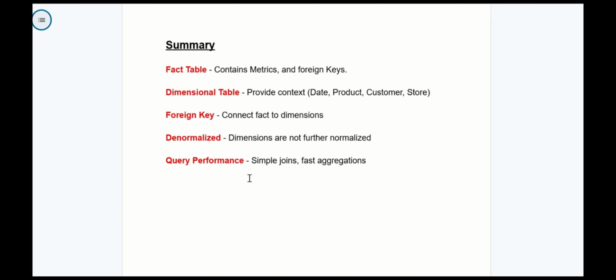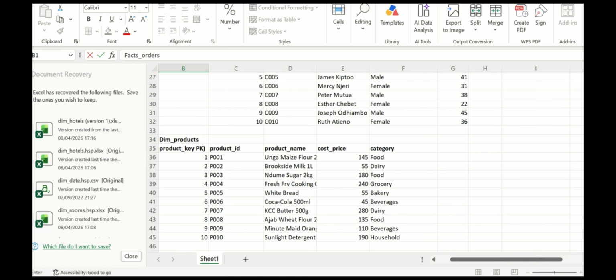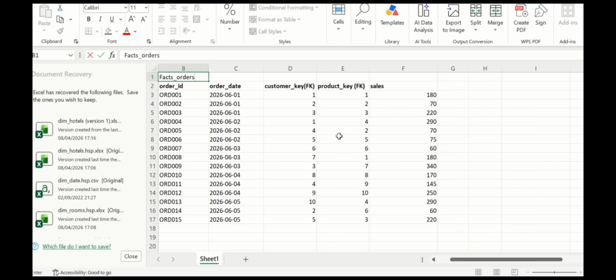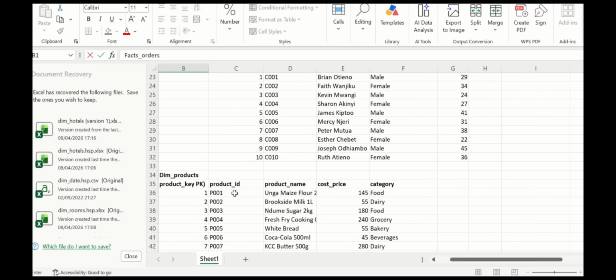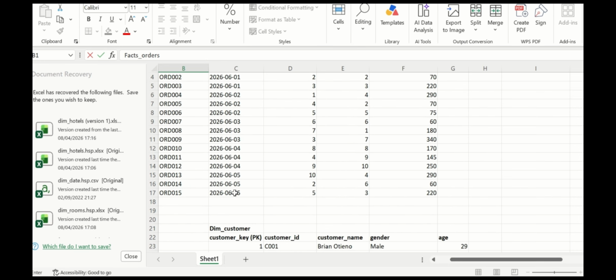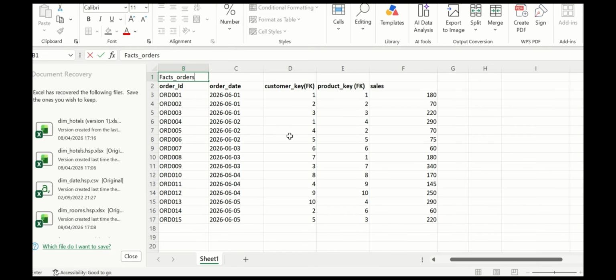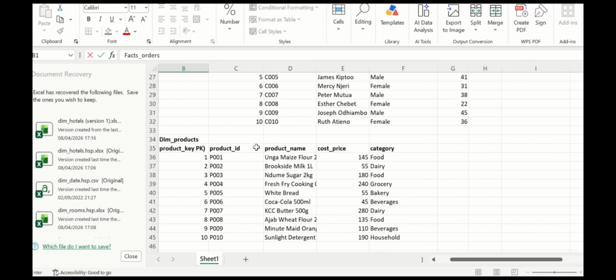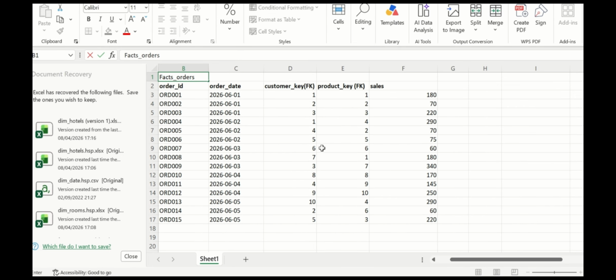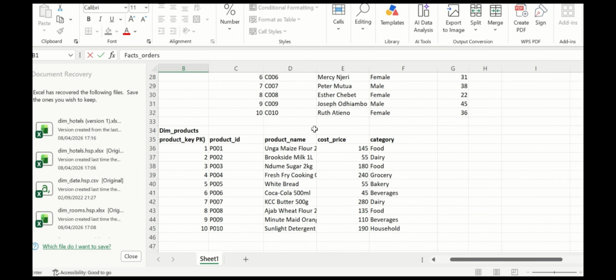And then query performance. We write simple joins and get fast aggregation. For example, if you want the total sales of product P001, I join two tables: the table containing the sales information, which is facts orders, and the dim products table containing product P001. I join them using the foreign key, product key, and the primary key, product key, in dim products.